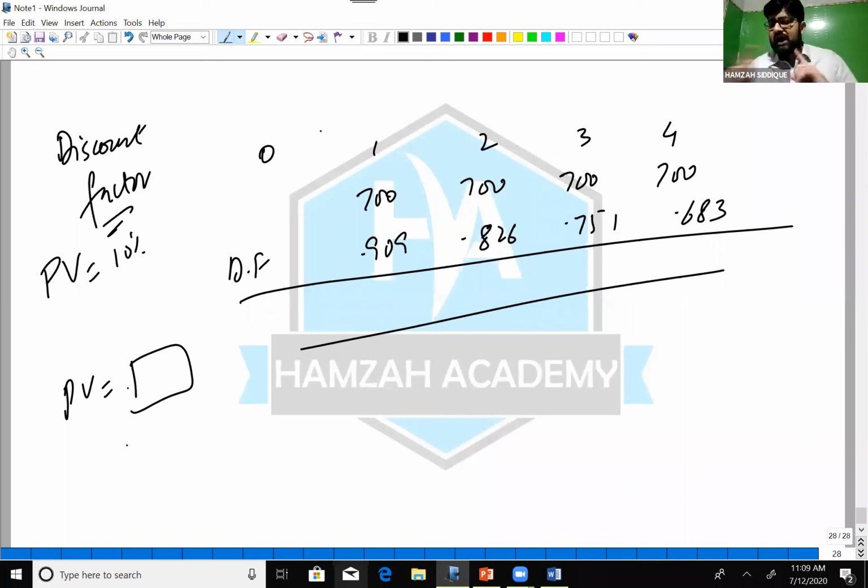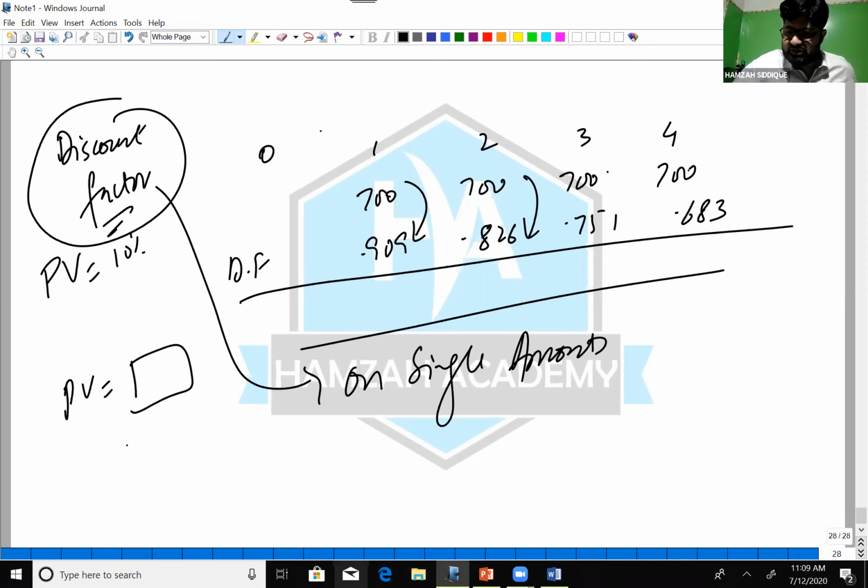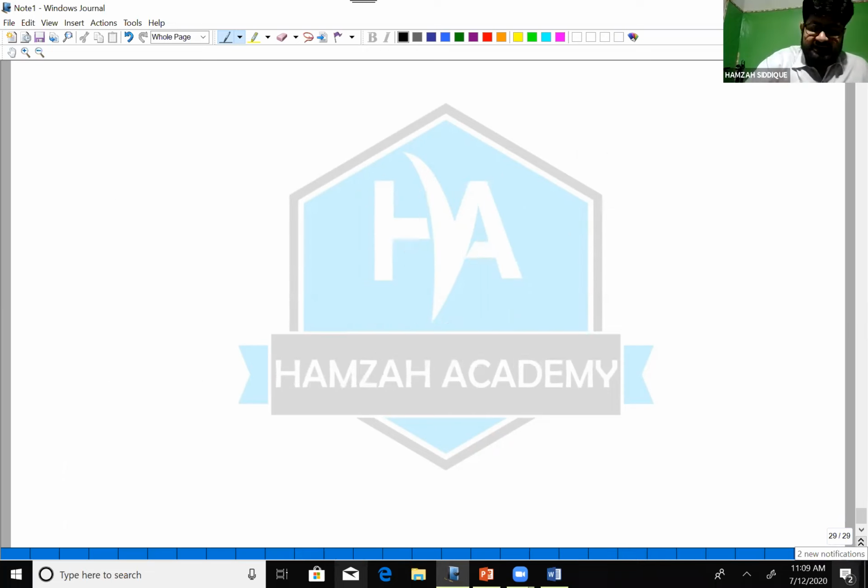So your discount factor is applied on single amounts, and of course the calculation becomes lengthy. So there is a shortcut as well, that is called annuity factor.